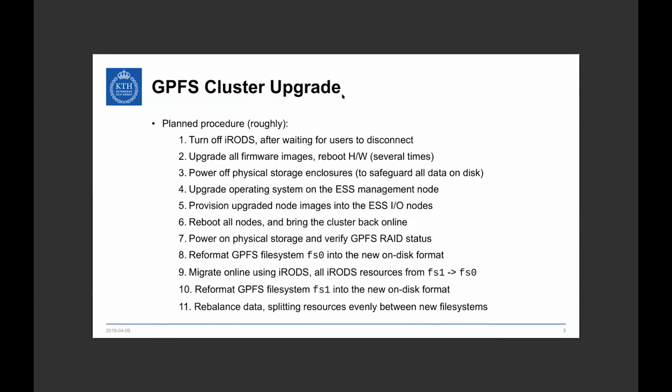And just to give you a quick outline of what we're going to do is the following. First, obviously we turn off iRODS. We don't want any users while we are upgrading stuff. And then we go through all the possible thousands or tens at least different firmware images. Well, maybe almost thousands if you count the disks, at least hundreds.